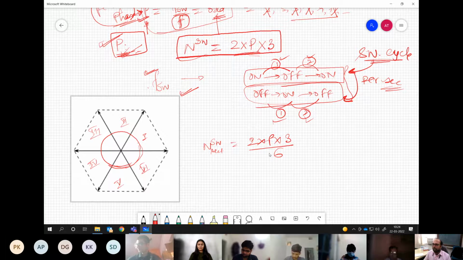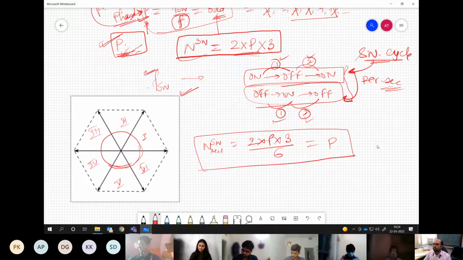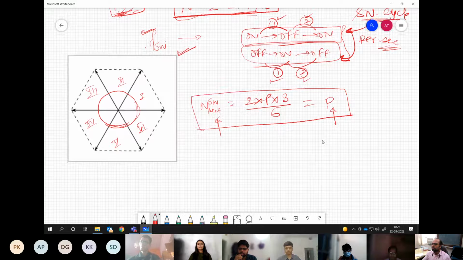That many switchings happen in each sector, which means basically in each sector we have P number of switchings happening. This point is very clear to you, right? How pulse number is related to the number of switchings in a given sector. Tell me immediately if there is any confusion.